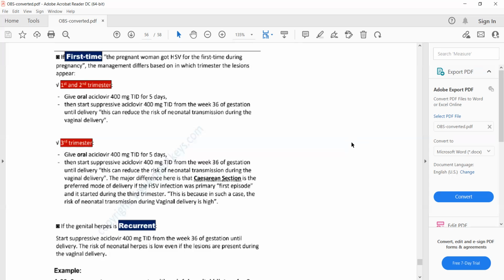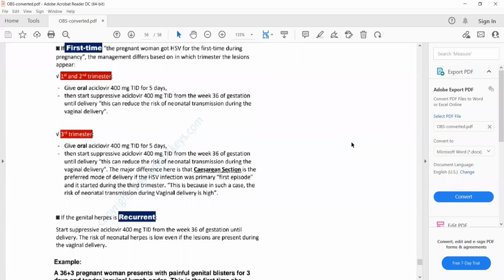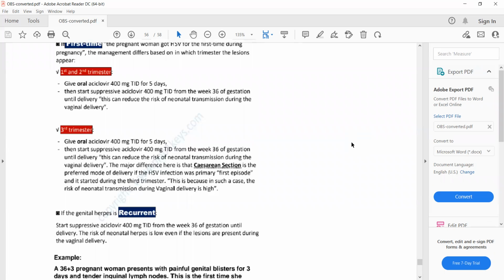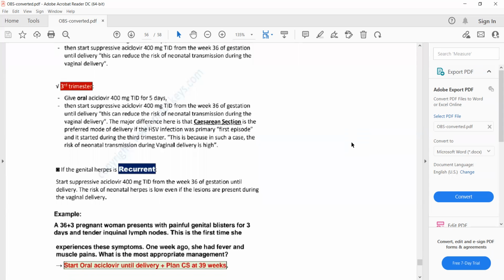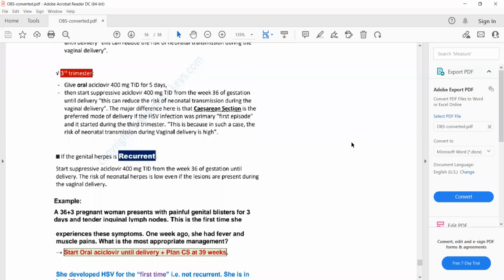This was the management if the patient has got genital herpes for the first time. But if the genital herpes is recurrent, the mode of delivery is vaginal delivery. Other treatment is same.